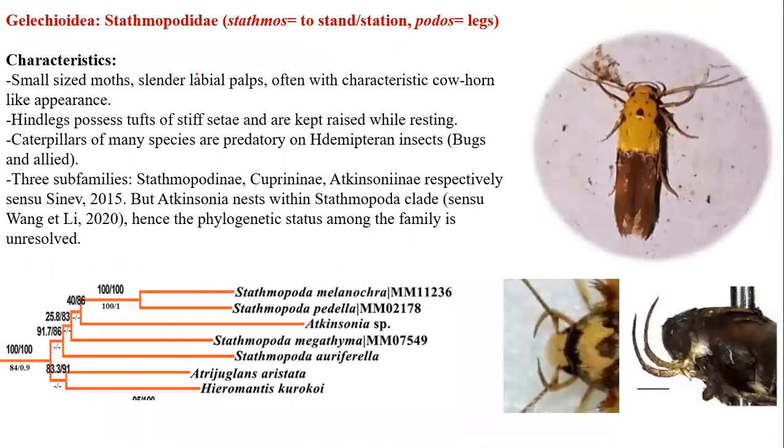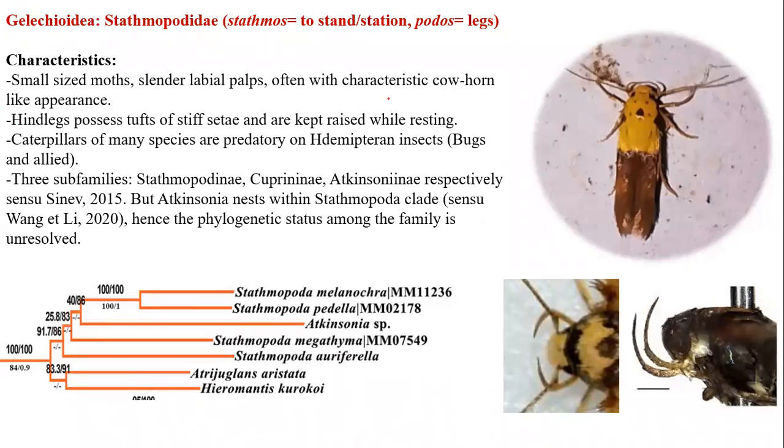Now the next family, Stathmopodidae, which is derived from the word stathmos. It is a Greek word which means to stand or station, and the word podos, which means legs. This name means that adult moths, whenever they rest, most often keep one of their legs elevated. Though this characteristic is not found in this family only, because it is in many other Lepidopteran groups.